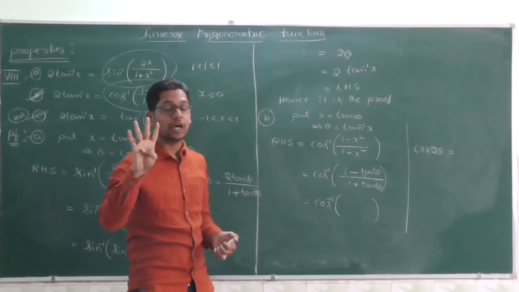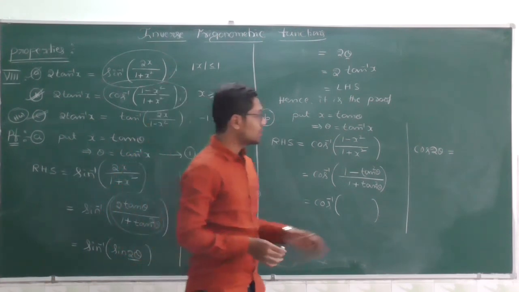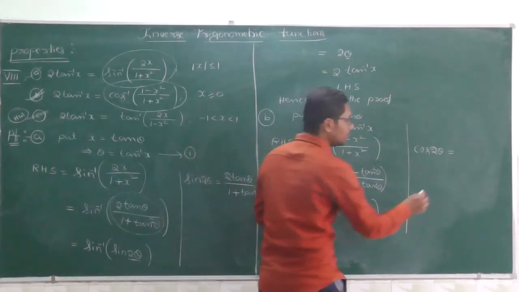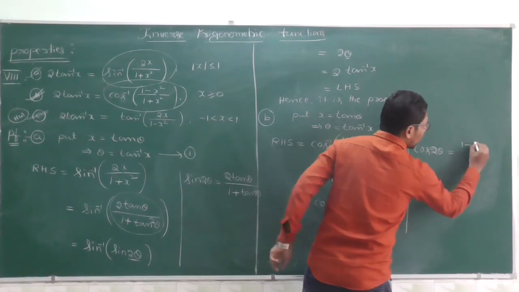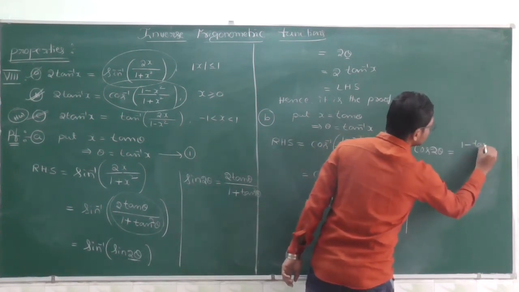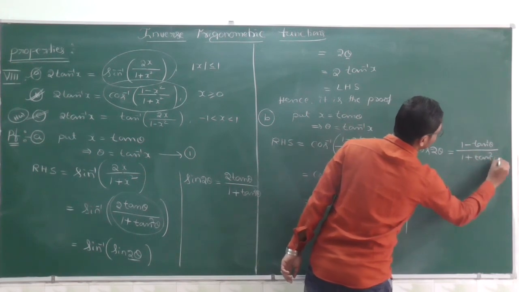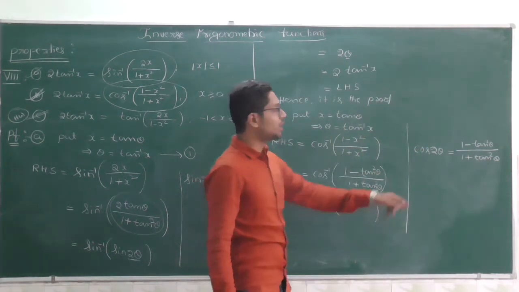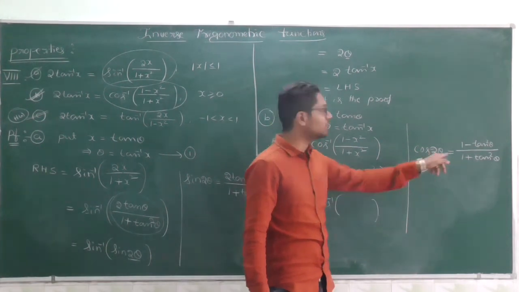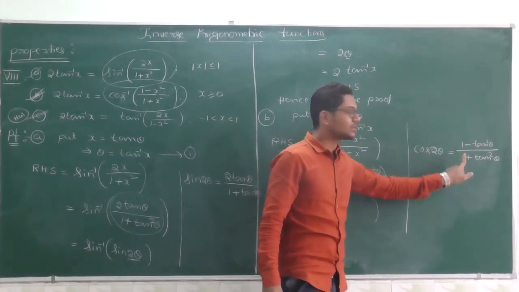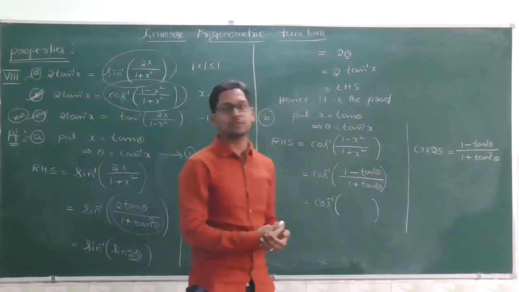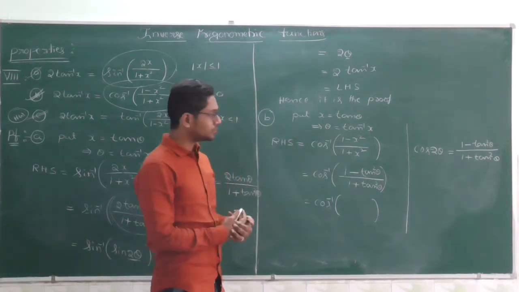In that we have one formula, cos 2 theta is 1 minus tan square theta divided by 1 plus tan square theta, right?